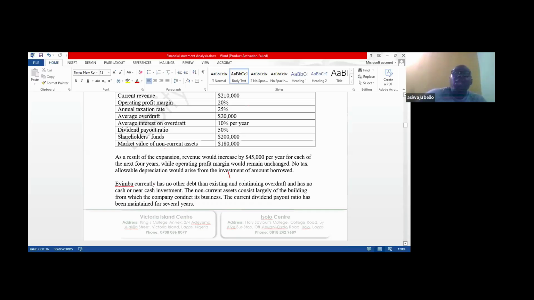Overdraft is a short-term borrowing. And the company does not have cash or near cash investment. Please note this. The non-current assets consist largely of the building from which the company conducts its business. The current dividend payout ratio has been maintained for several years.